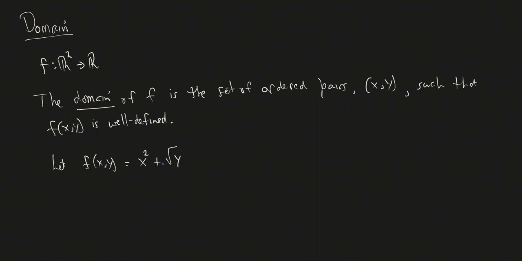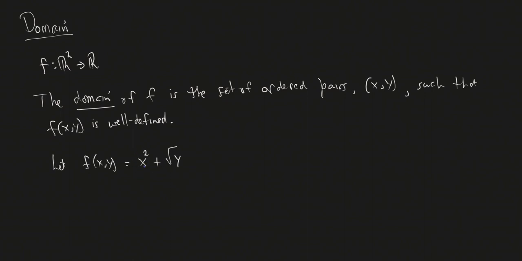It only has two terms, and the x and y are separated. So this term only depends on the x value. This term only depends on the y value, and you're adding them together. So we know that nothing can go wrong with addition, in the sense that if this term gives me something real and this term gives me something real, then I know I can always add them together, right?